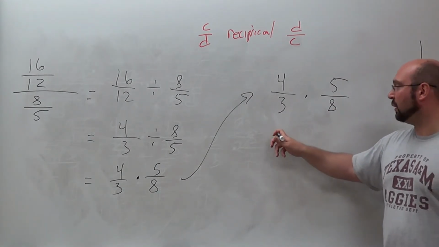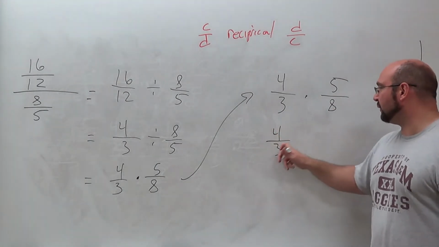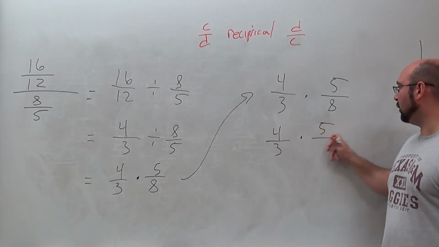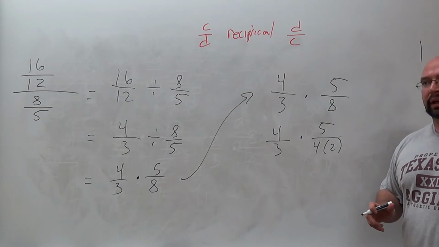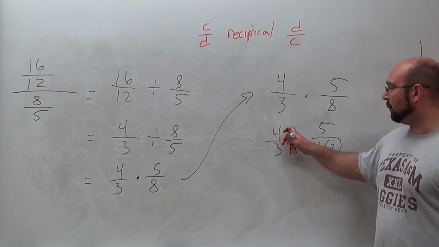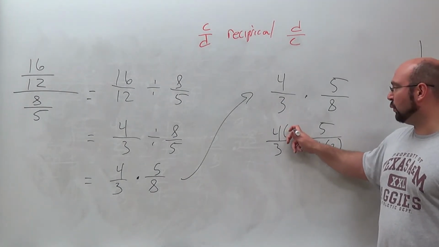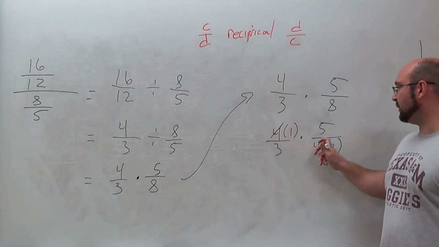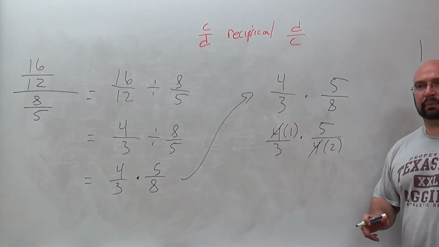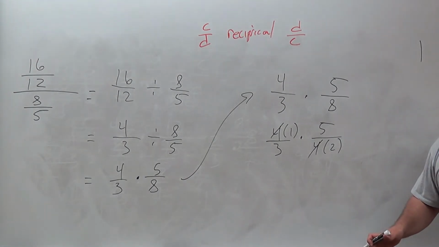Note, this 4/3 times 5 over, here we go, there's my 4, there's my 2, right? I'm going to reduce this, this is 4 times 1. Everybody with me on that? So this 4 reduces, this 4 reduces. Is everybody with me on that? They're both going to 1.